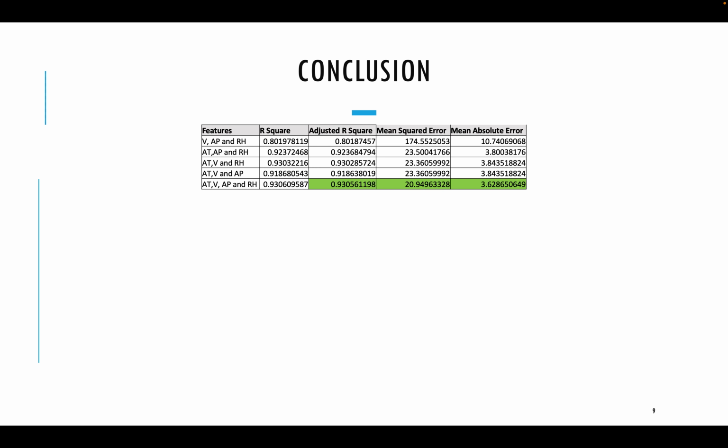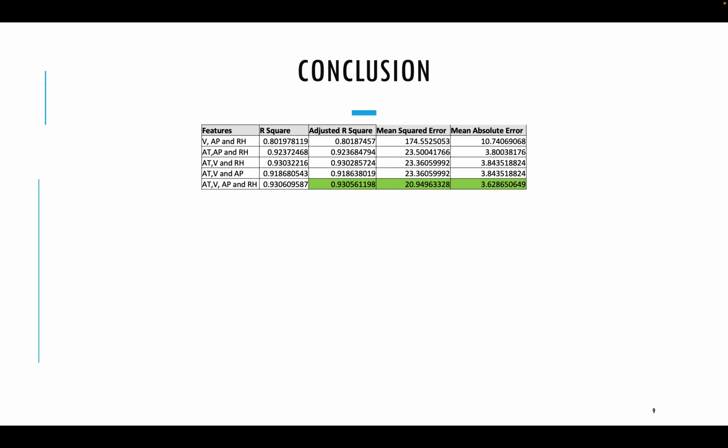The mean squared error value of 20.94 is also the lowest across all the feature combinations, and the mean absolute error is also the lowest. So if we use all four features, we get good mean squared error and mean absolute error, which means the predictability of our algorithm is quite good.